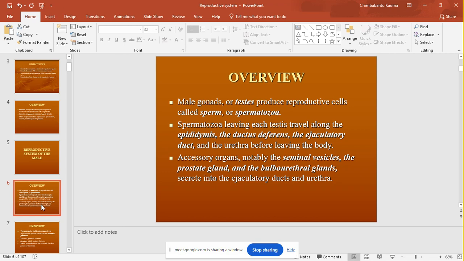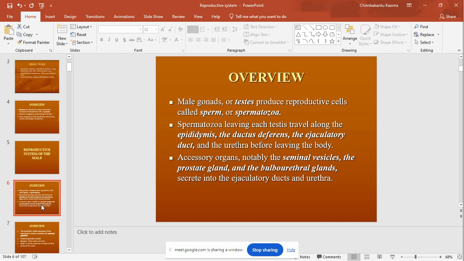The accessory organs important for transportation of these gametes in the male include the epididymis, the ductus deferens, the ejaculatory ducts, and the urethra.